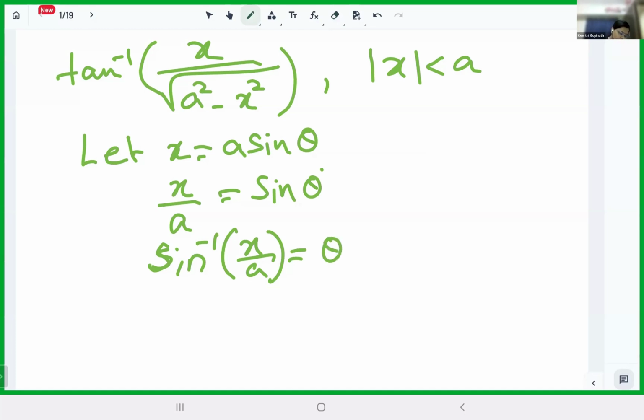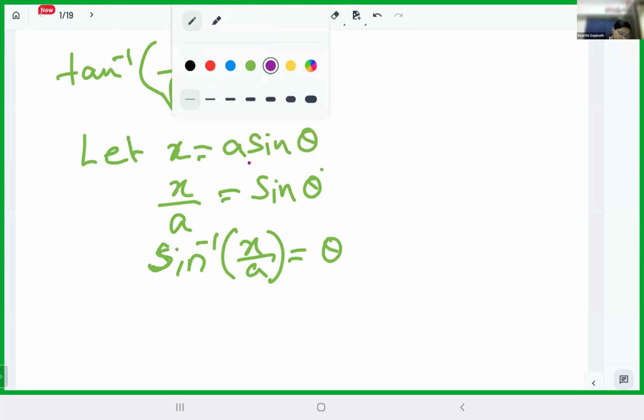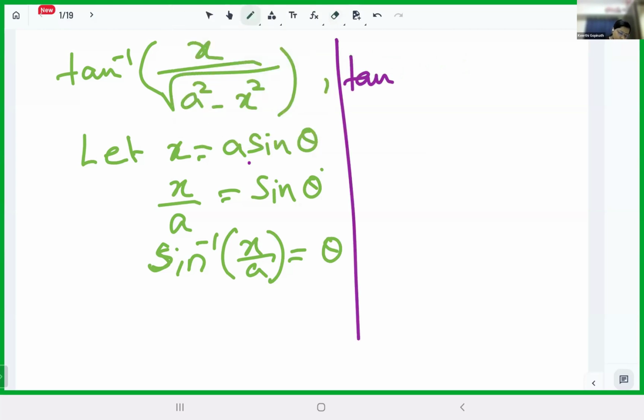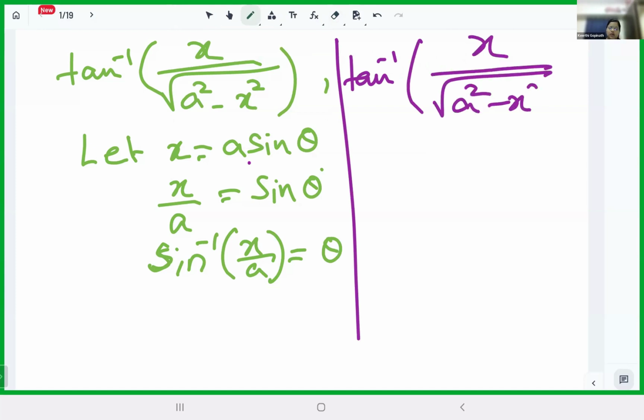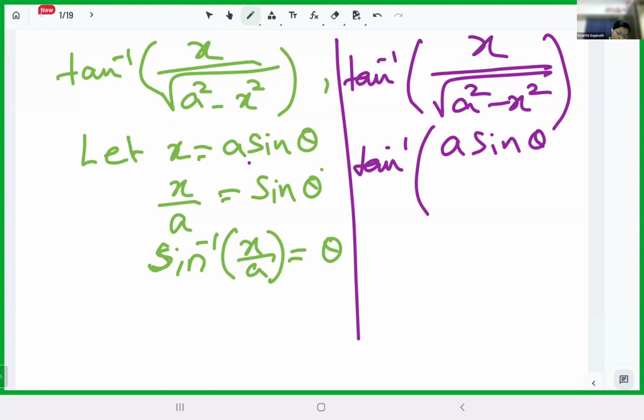Now consider the problem, that is tan inverse of x by root of a square minus x square. Here, in the place of x, I am going to give the value a sine theta. That is tan inverse of a sine theta divided by root of a square minus a sine theta the whole square.